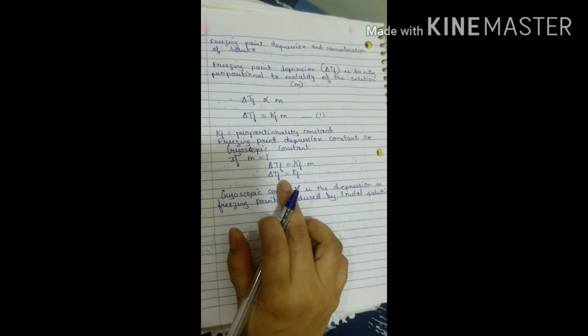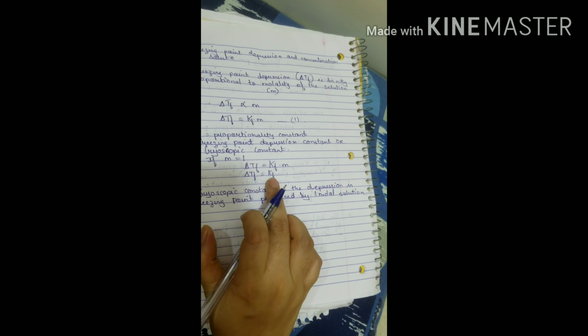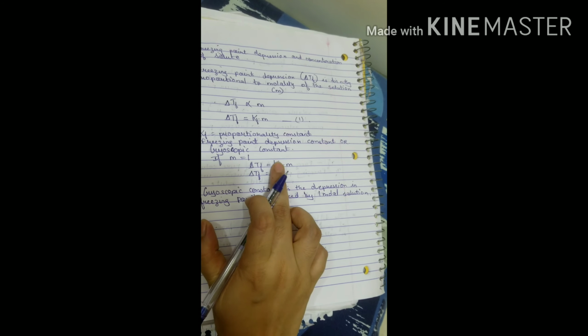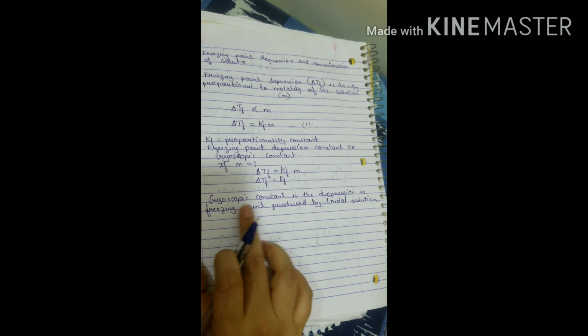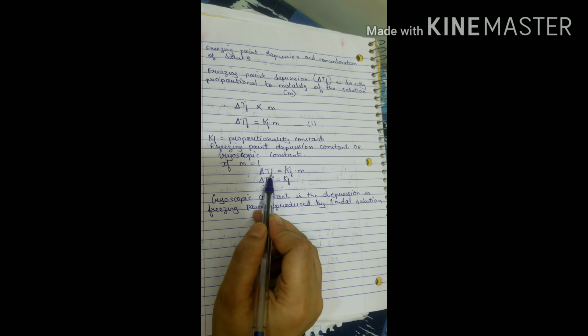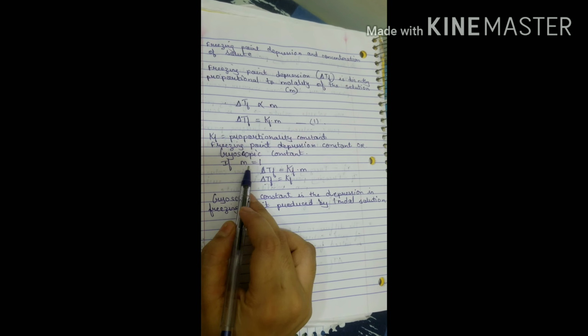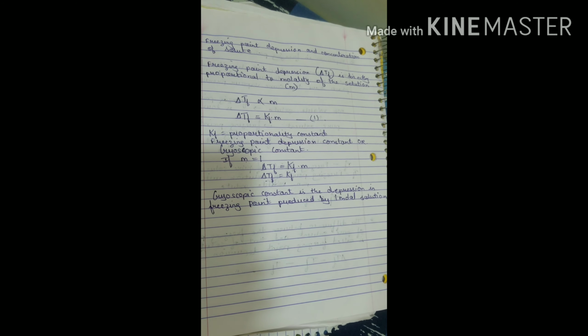Okay, so only when you took m is equal to 1, you got delta Tf is equal to Kf, and now we are defining Kf, that is nothing but the cryoscopic constant. So the cryoscopic constant is the depression in freezing point produced when you consider 1 molal of solution.